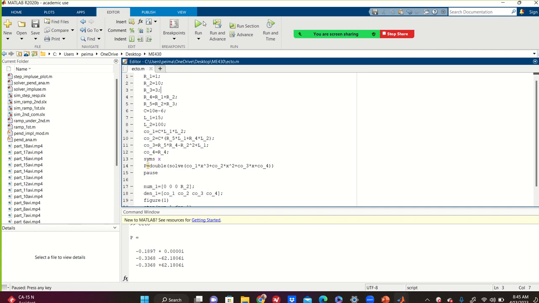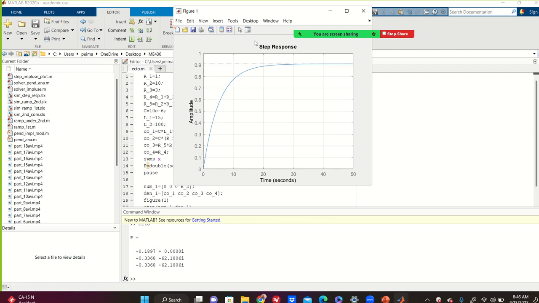Now, if I do this, your system is stable, guys. And if I continue this, what you're going to get is still going to 0.9.